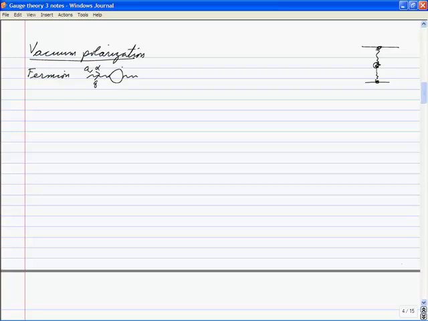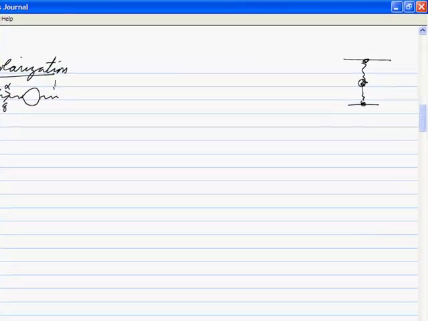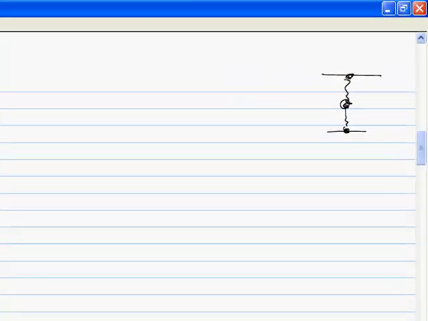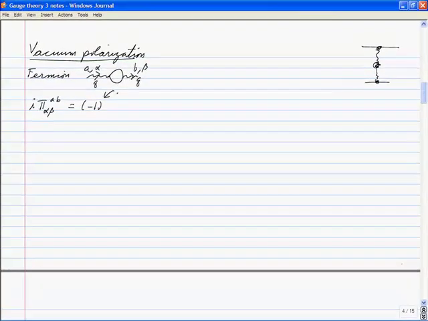To match the notes, give it Lorentz index alpha and color A. This one will be B, beta, and it's also Q. So the vacuum polarization function has alpha and beta indices for the external lines, has A and B for the color Yang-Mills index, and it has the following form. There's a -1 for fermion loops.